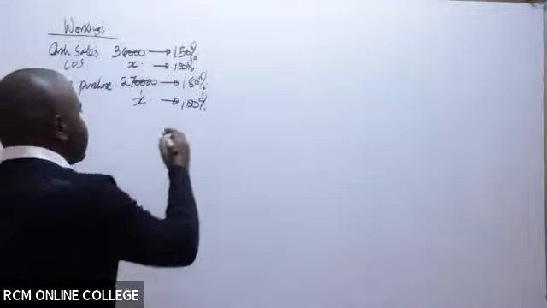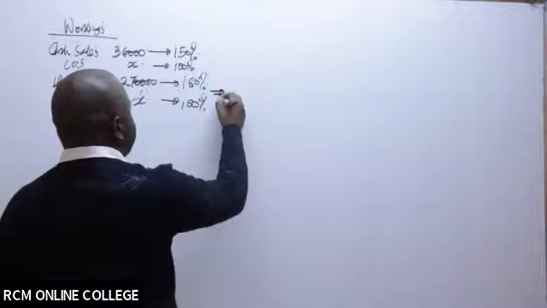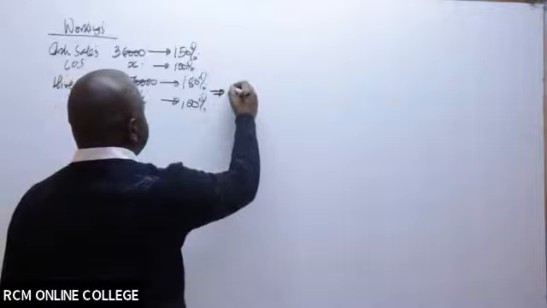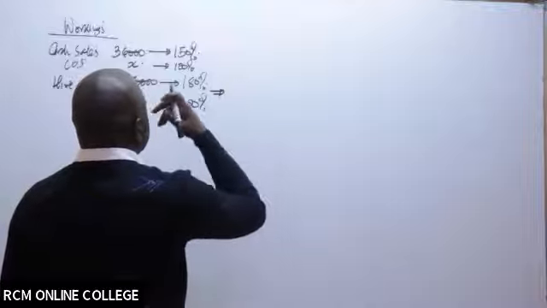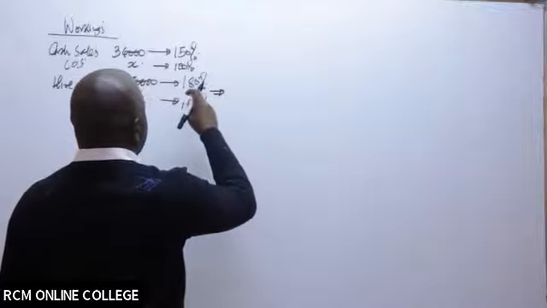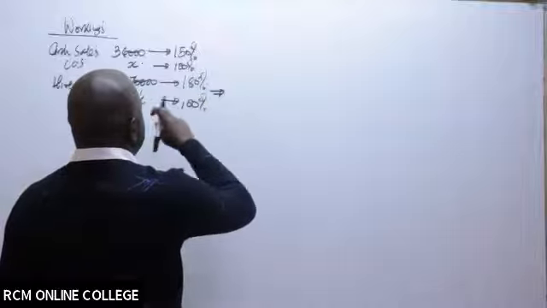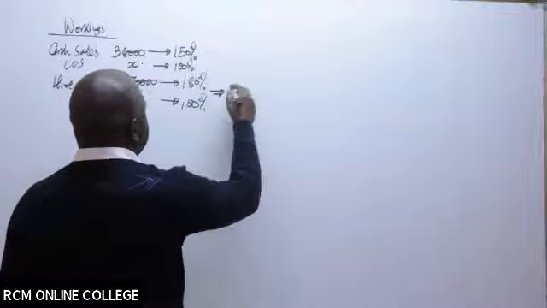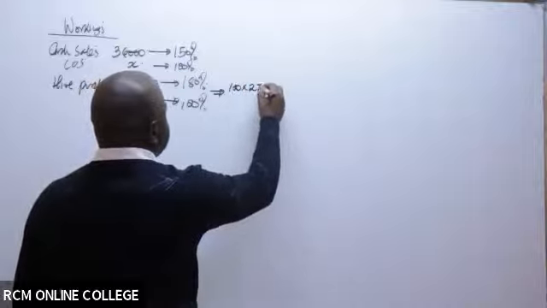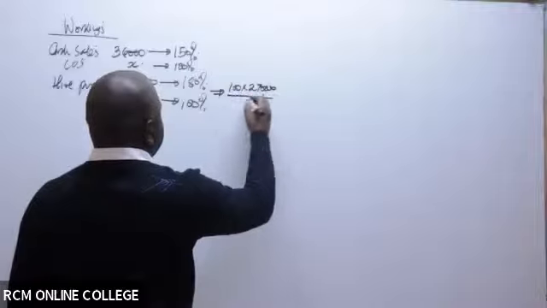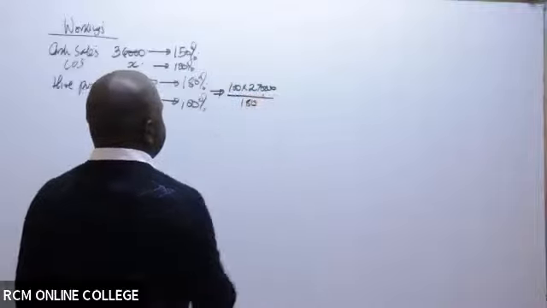So in this case, you can do the computation here. You normally do what? Is it cross multiplication or something? So if 180% is equal to 270,000, what about 100%? You take 100, multiply by 270,000, and divide by 180.